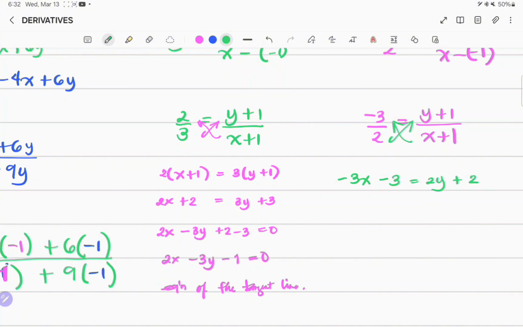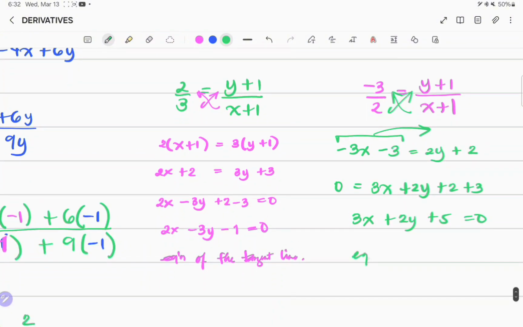Therefore, equating this to 0, I'm going to move this side to the right side because I would like x to be with positive sign. So this is 0 equal to 3x plus 2y plus 2 plus 3, or that is the same as 3x plus 2y plus 5 is equal to 0. This is now the equation of the normal line.